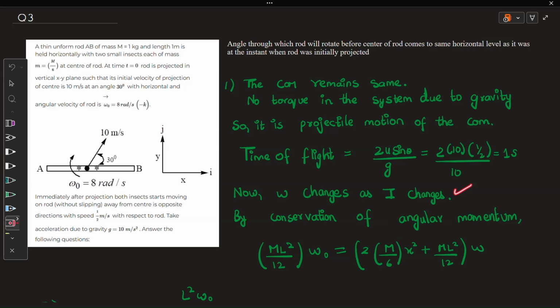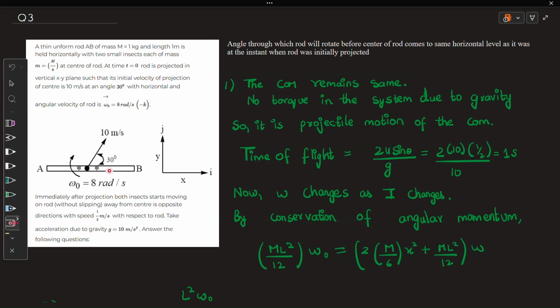Why am I telling this? Because initially the moment of inertia is only due to the rod, since the two insects are at the center. But when the two insects move in this direction, the moment of inertia increases. So, to conserve angular momentum, as there is no external torque, omega should decrease.